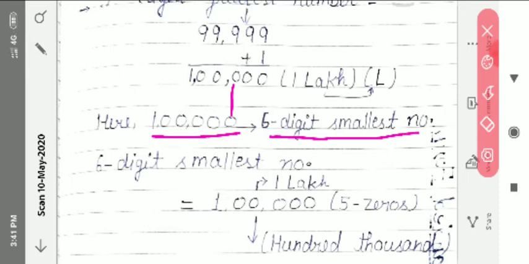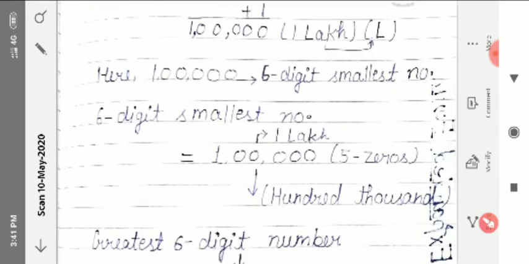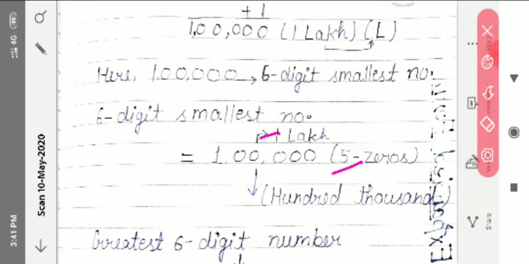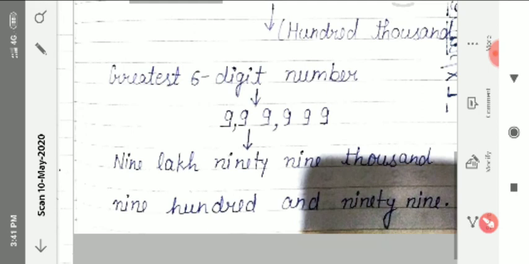And the 6-digit smallest number in the Indian place system is called 1 lakh and has 5 zeros, but in the international system it is called 100,000. We can call it 1 lakh also, and according to the international system we can call it 100,000. Got it?